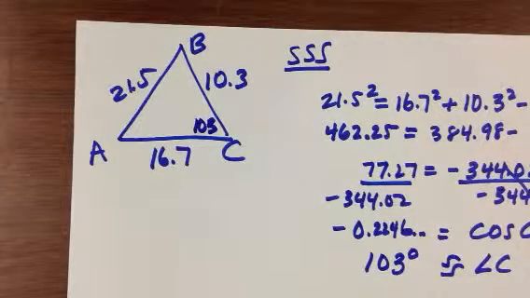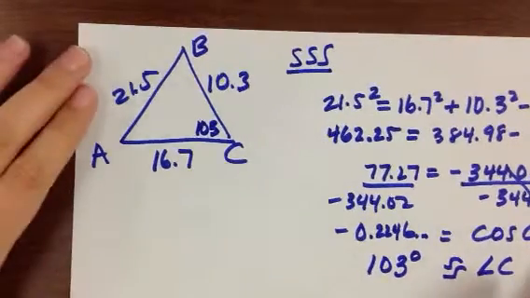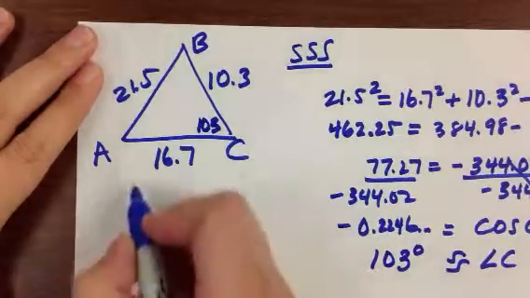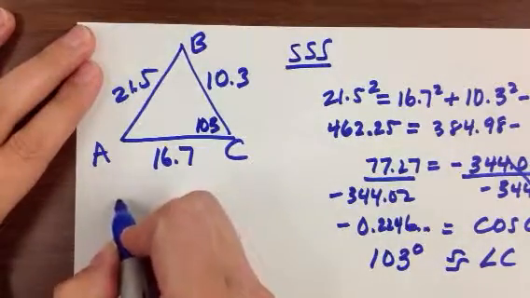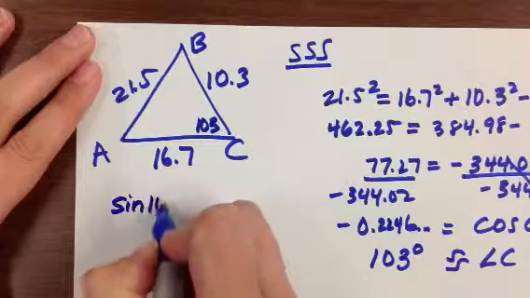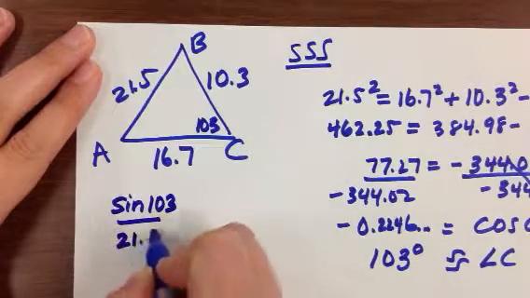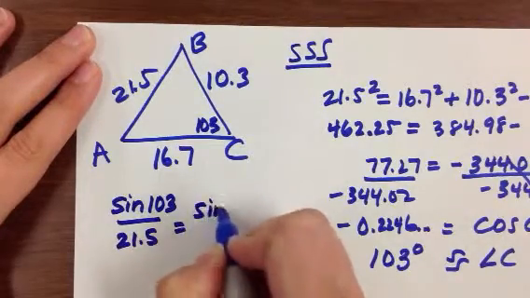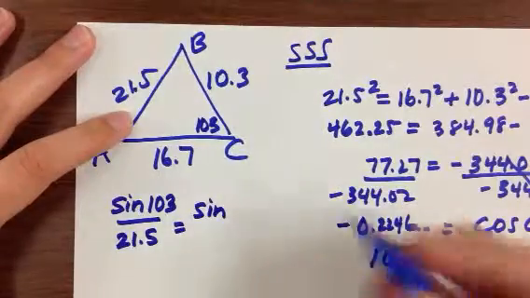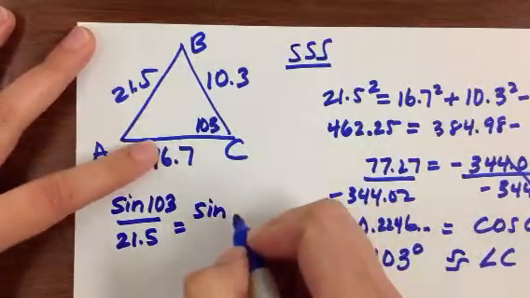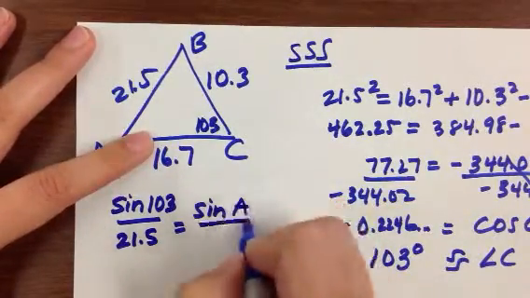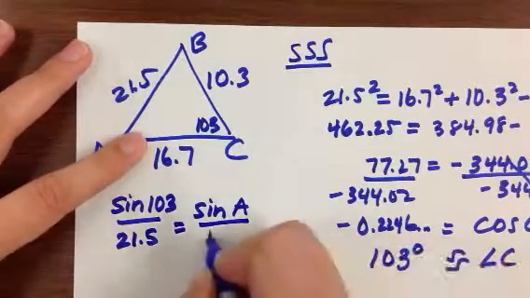Now I can use the law of sines to find another angle, and then we can just use the triangle sum to find the third angle. That would probably be the easiest. So with the law of sines, we have sine of 103 over 21.5 equals the sine of angle A over 10.3.